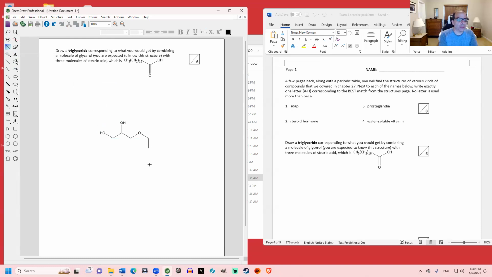We're going to make an ester of the OH group with one of these fatty acid molecules. So the alcohol OH goes where the OH of the carboxylic acid is. And so you go from the oxygen to the carbonyl, and then comes that alkyl group. So that's one ester.